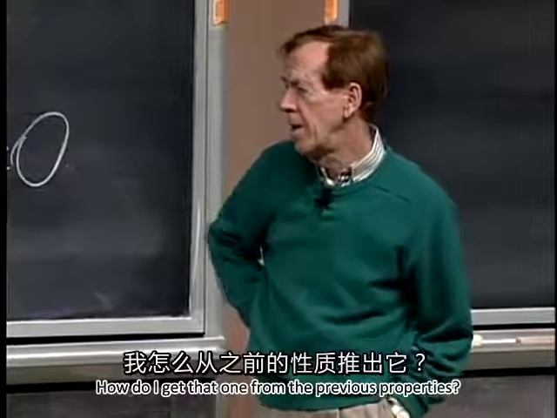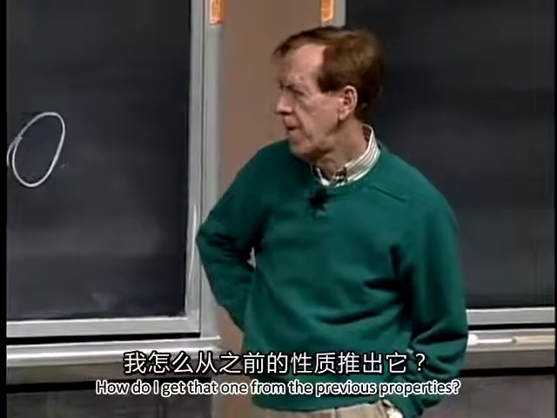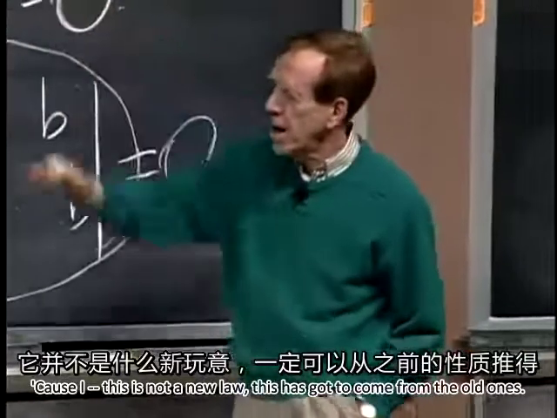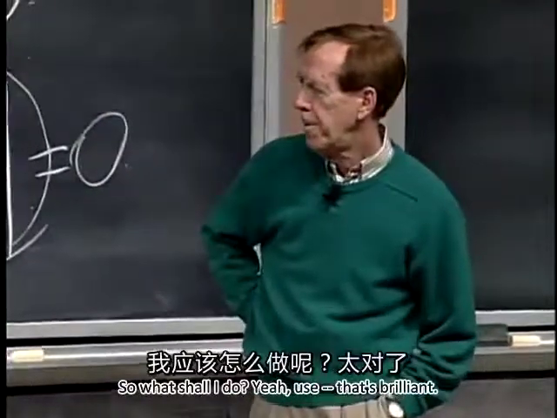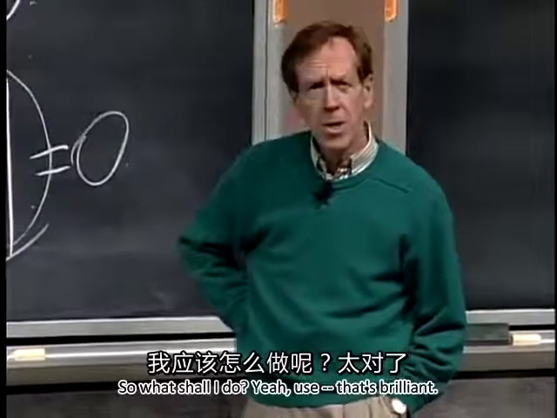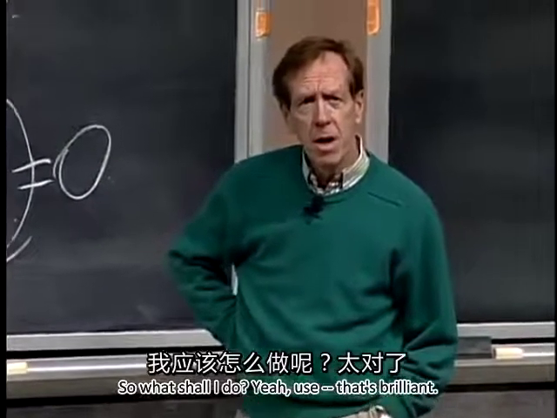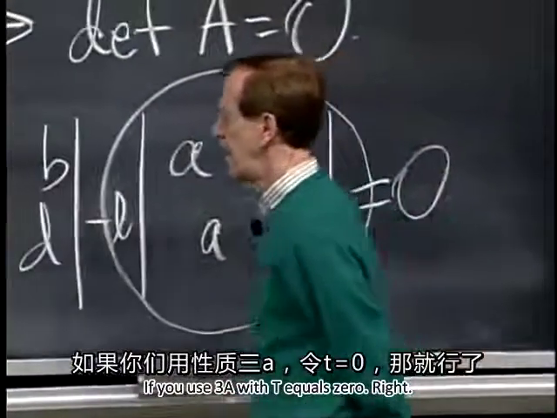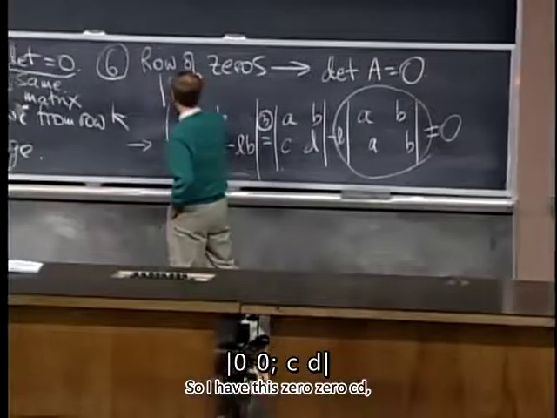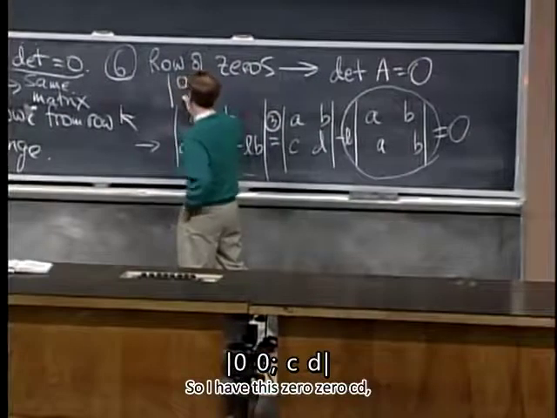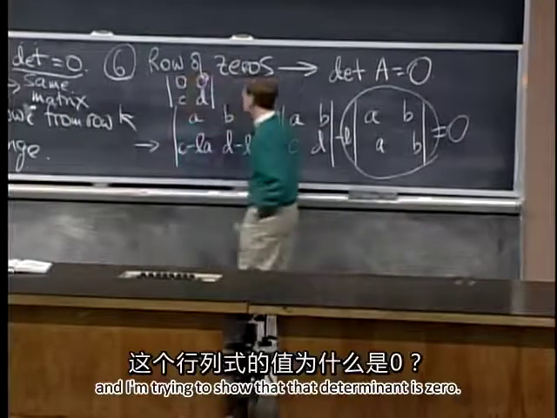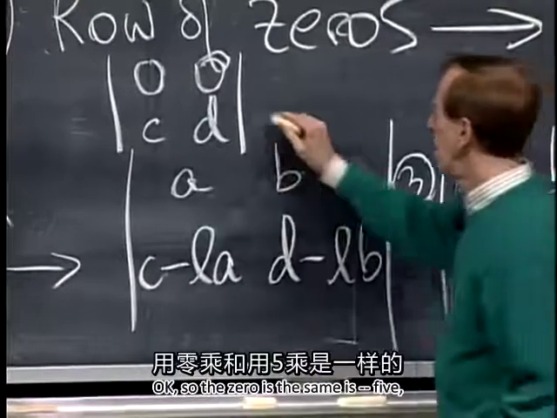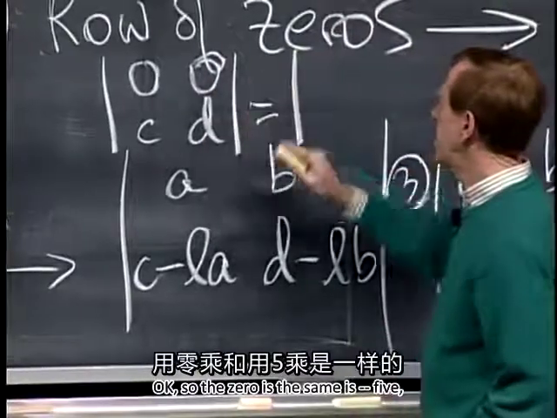How do I get that one from the previous properties? Because this is not a new law. This has got to come from the old one. So what shall I do? Yeah, that's brilliant. Use 3A with t equals 0. Right. So I have this 0, 0, C D, and I'm trying to show that that determinant is 0. Okay. So, but 0 is the same as 5.